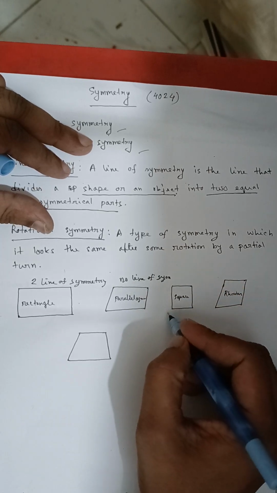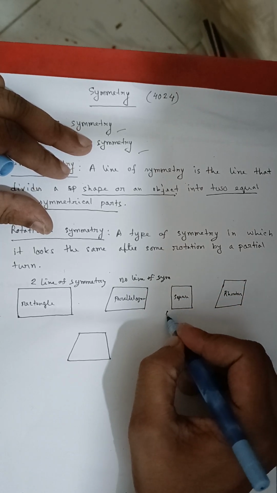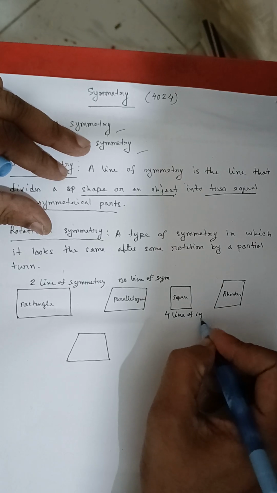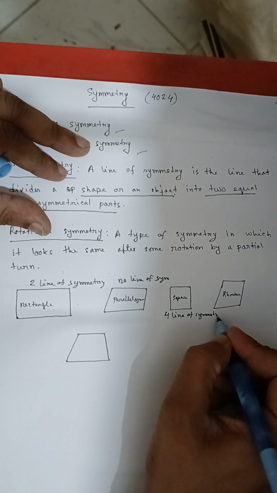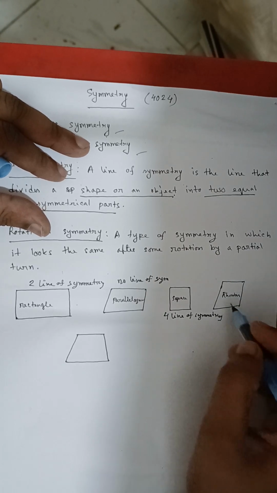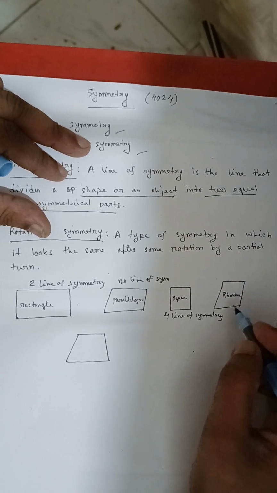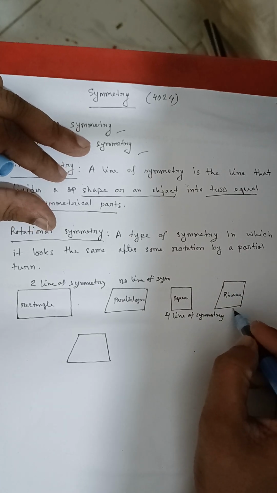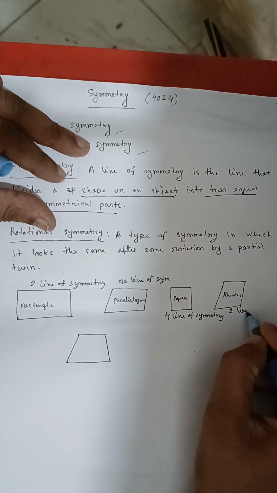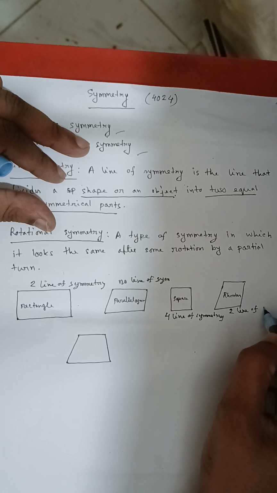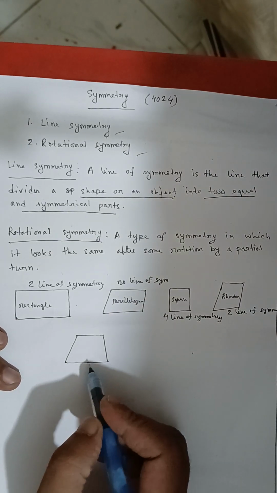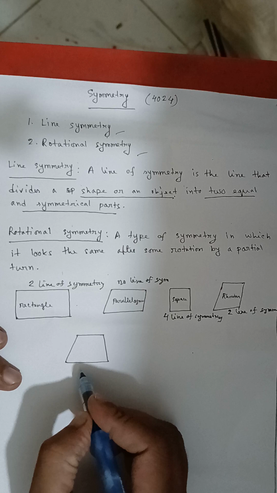It has four lines of symmetry. And how many does a rhombus have? It has two lines of symmetry. Okay, and a trapezium has no line of symmetry.